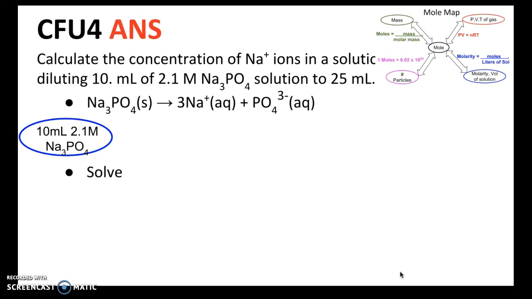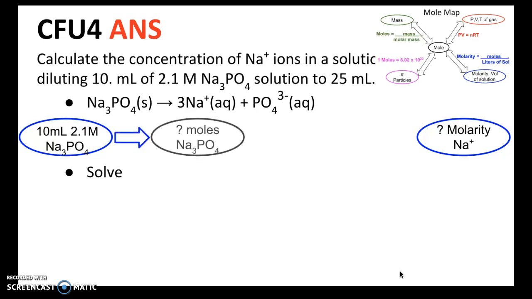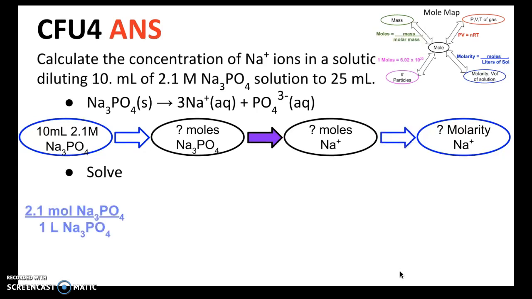All right, so this is sort of what the work should look like, going from 10 milliliters of 2.10 molar solution, and you're trying to find the molarity of sodium. You want to go ahead and go to moles of sodium phosphate, to moles of sodium, and then to molarity.